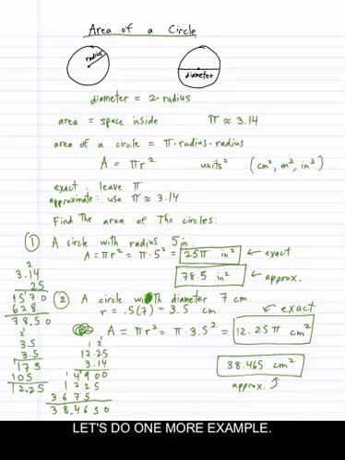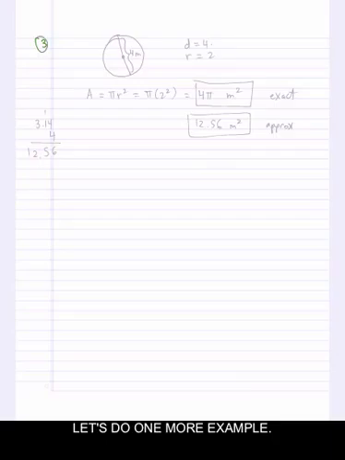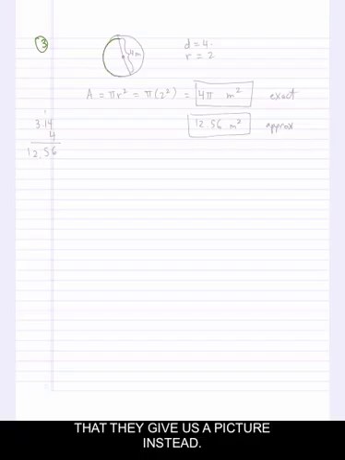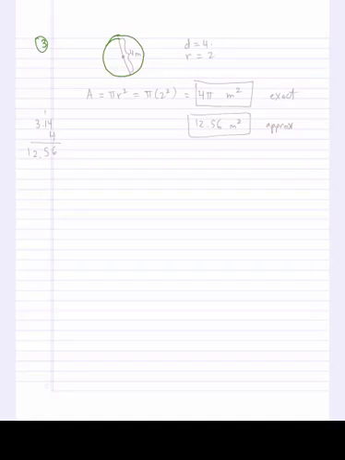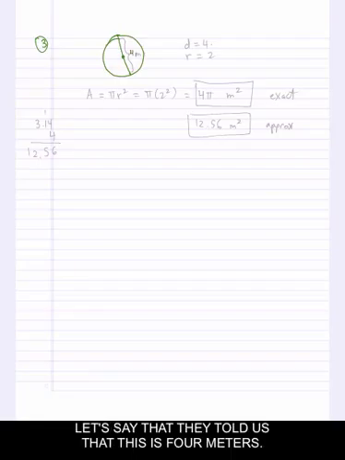Let's do one more example. Now this time we're going to suppose that they give us a picture instead. Let's say that they told us that this is 4 meters.